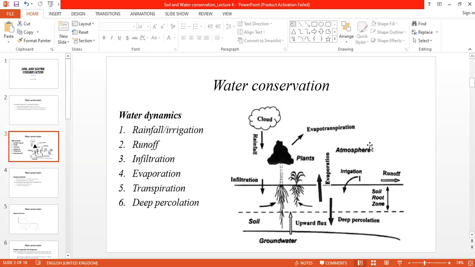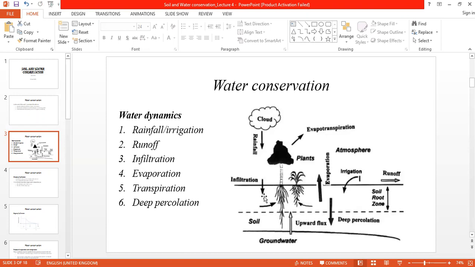So these are the ways in which water reaches the soil. Then when it reaches the soil surface, part of it will infiltrate into the ground, into the soil, while part of it is going to go as runoff. So part of it is lost as runoff, then part of it goes into the soil.